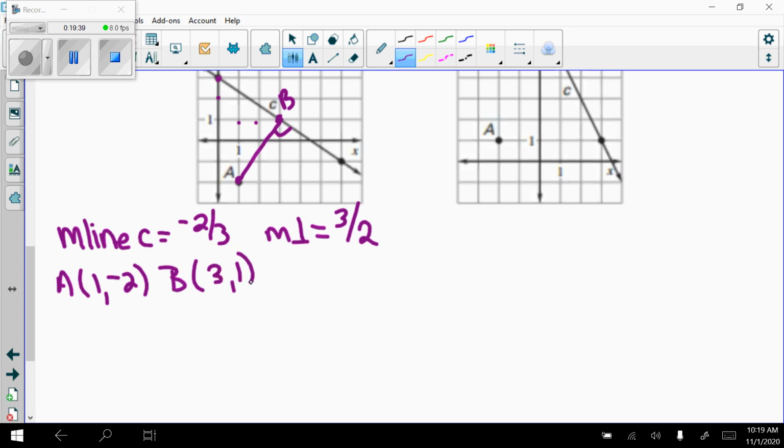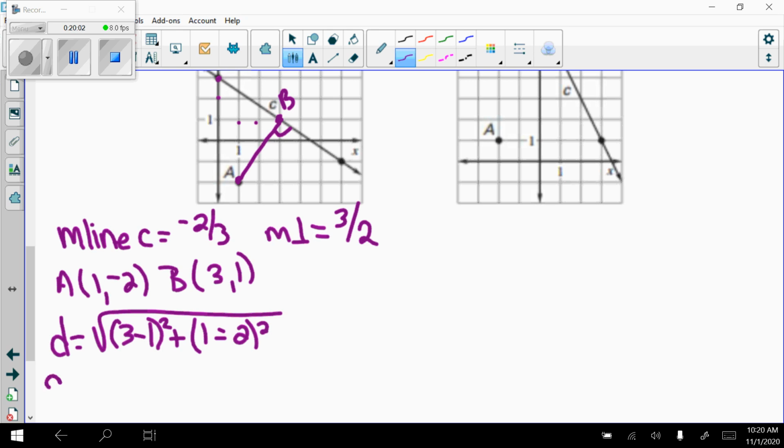So if I did the distance formula, that's equal to the square root, x2, which was 3, minus 1, quantity squared. Now do the same thing with my y's, plus 1 minus negative 2, quantity squared. So that's just plugging those points into the distance formula.